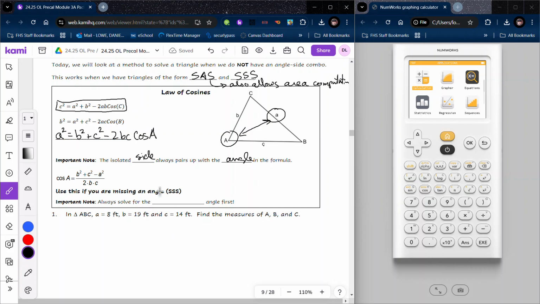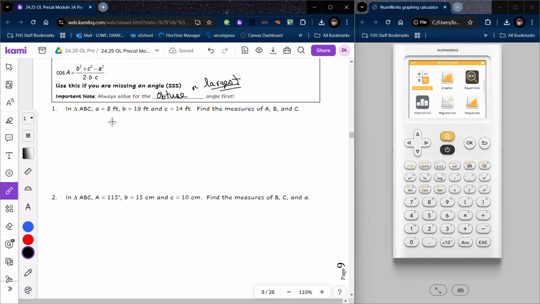You should always solve for the obtuse angle first, or largest angle first. So if you're given the sides, always find the largest angle first. That's what you need to do.